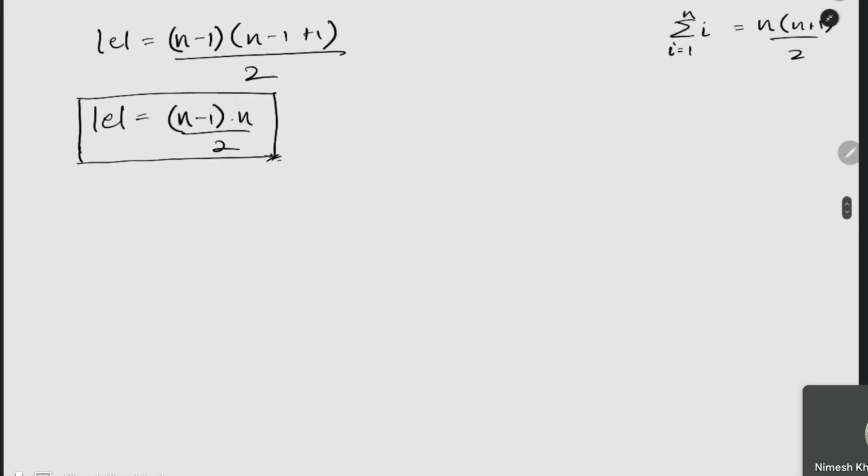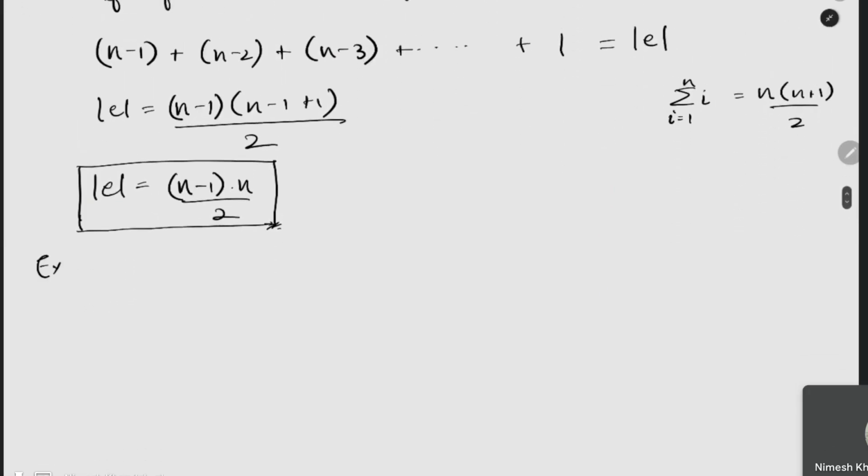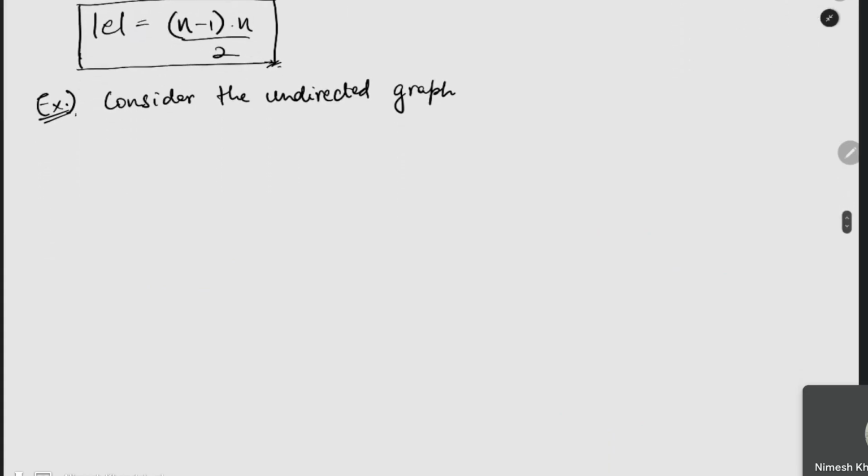Okay, now let's take another example. Consider the undirected graph. And this graph is a set of vertices and edges.